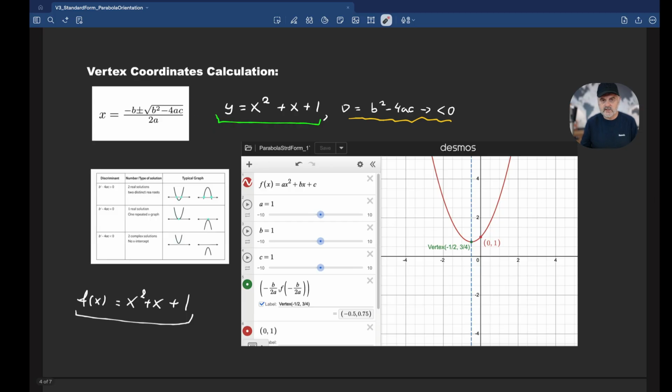So y is equal to x squared plus x plus 1. If you're already familiar with the quadratic formula from other videos, that's fine. Then we utilize the quadratic formula to find the coordinates of the vertex, because we find the average, whether there are real or non-real values of x-intercepts. Either way, the vertex would be found right in between those x-intercepts.